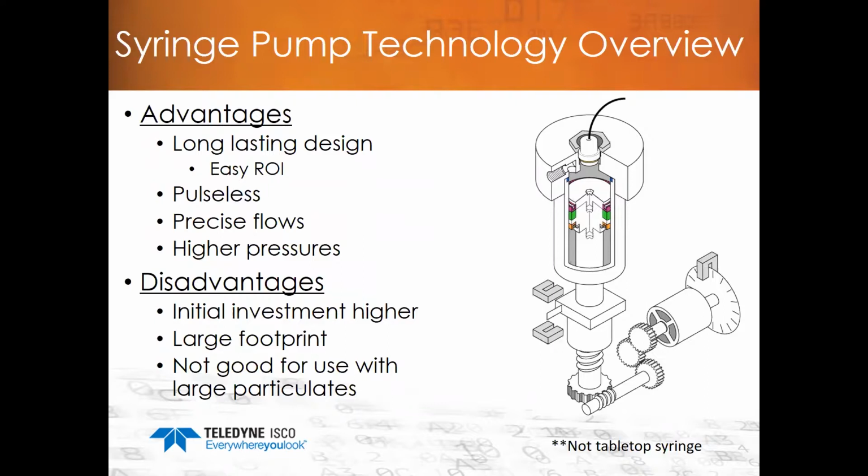Now, it depends on the industry you're in, but you can get up to 30,000, even in some cases 35,000 PSI. That's a lot of pressure. I'm not saying that most applications use that, but if you so needed it, you can do it with syringe pump technology. The engineering scope of a syringe pump allows that to happen.